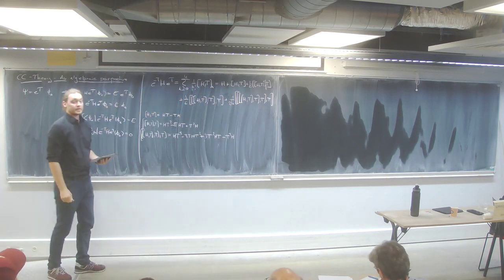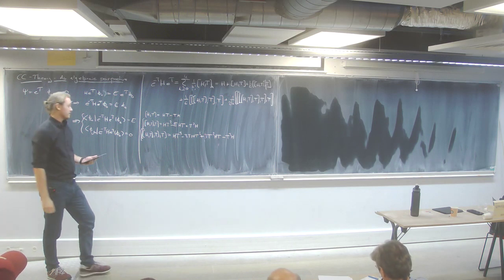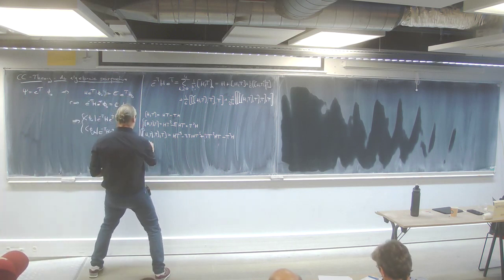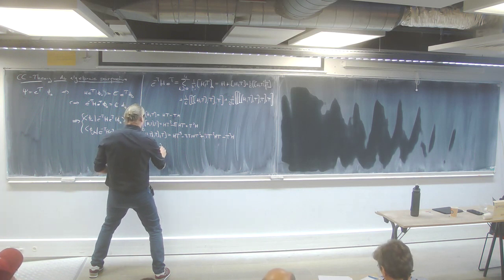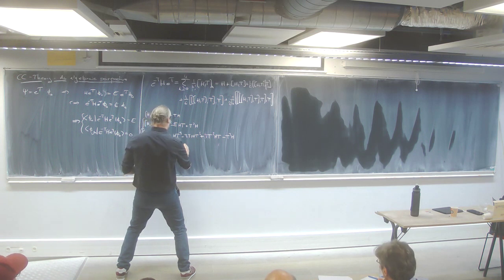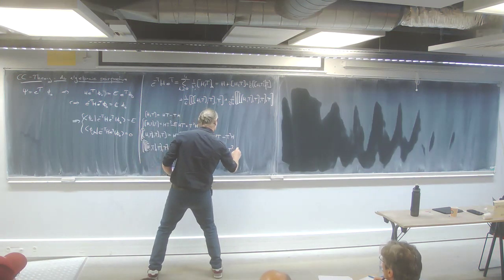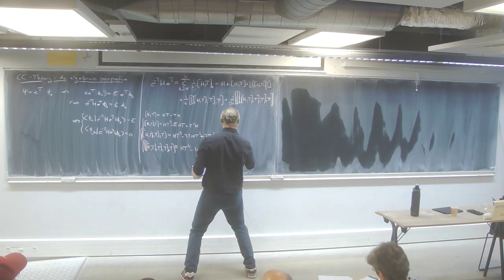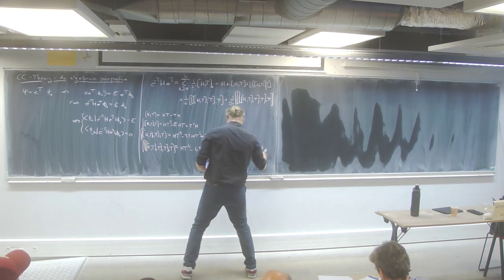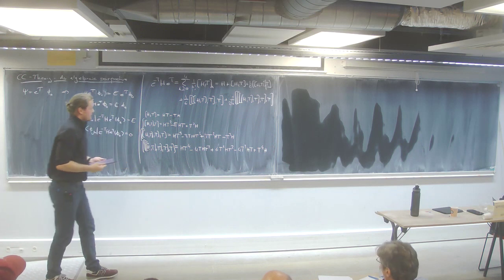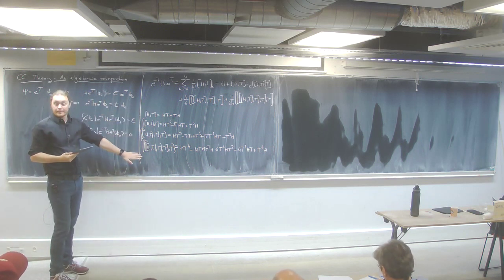The triple commutator is already getting longer, and then the last one, they get HT to the 4 minus 4 THT cubed plus 6 T squared HT squared minus 4 T cubed HT plus T to the 4 H. So this is how these commutators look.